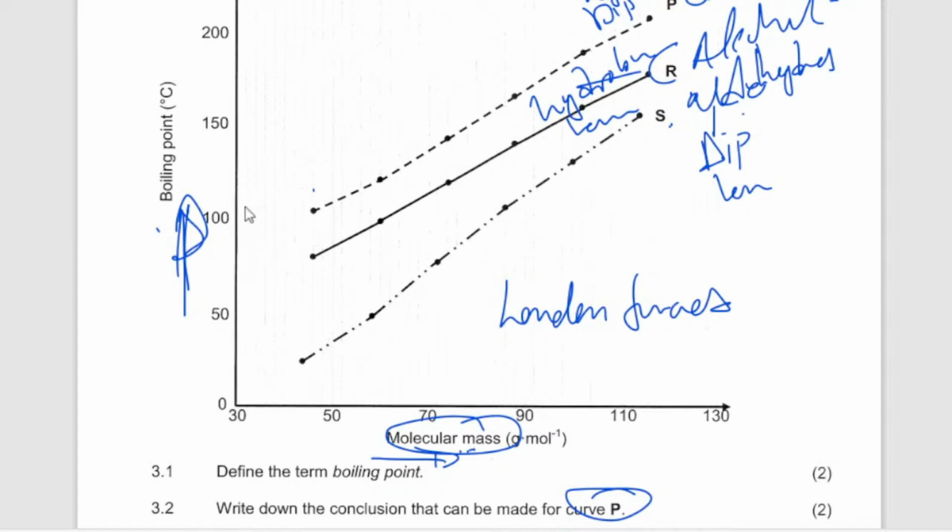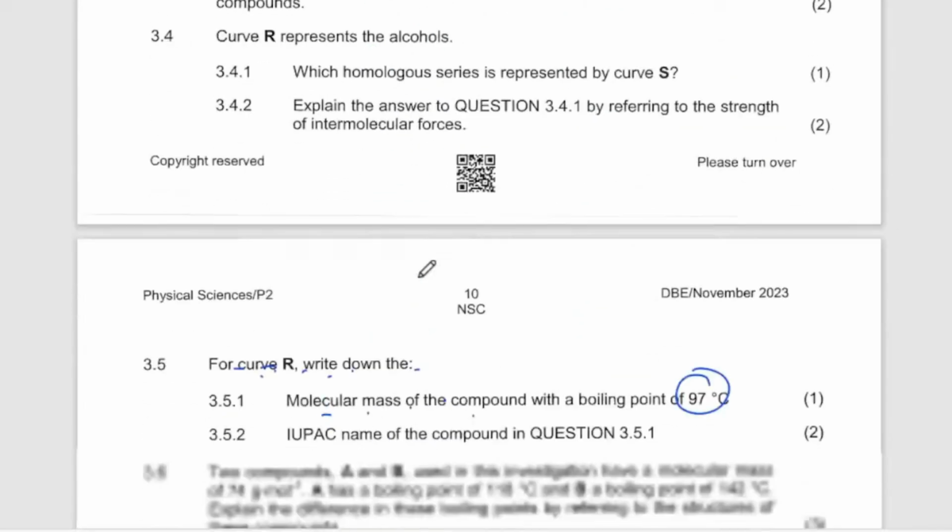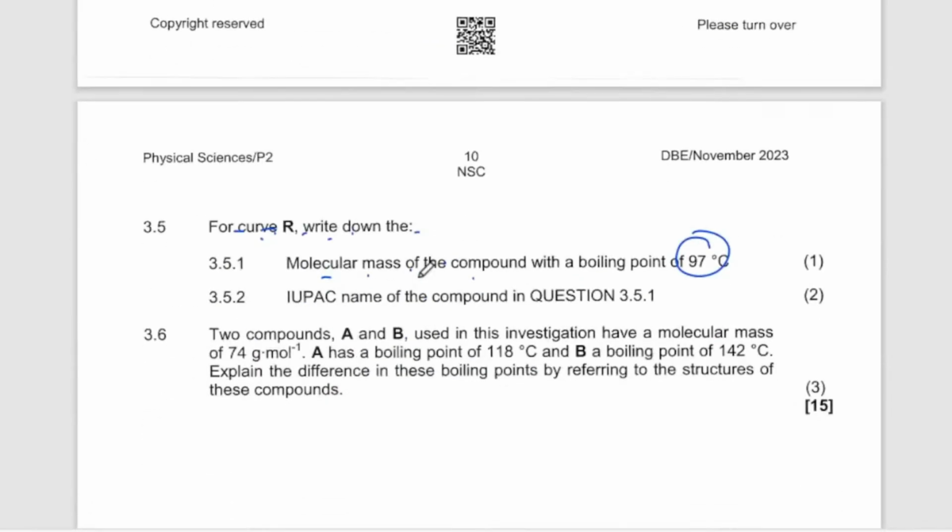So 97 is around here, and I have to draw a line touching down. If you check here, it's 50, 70, then automatically this is 60. If you count the small boxes, you'll find out that it is 60. So the molecular mass is going to be 60.